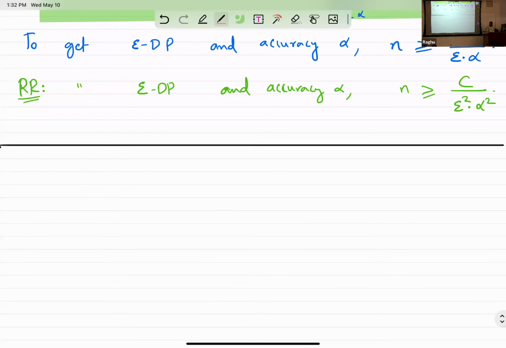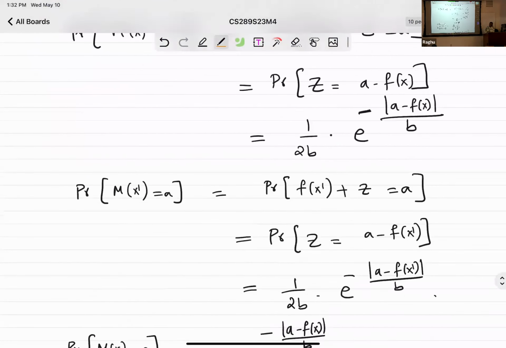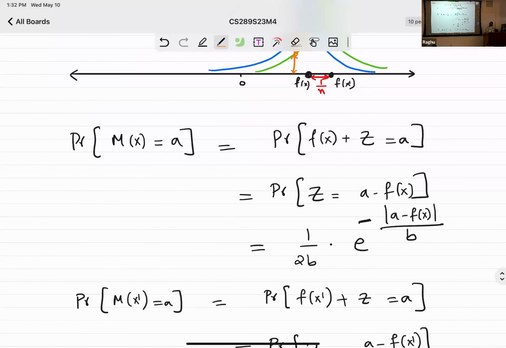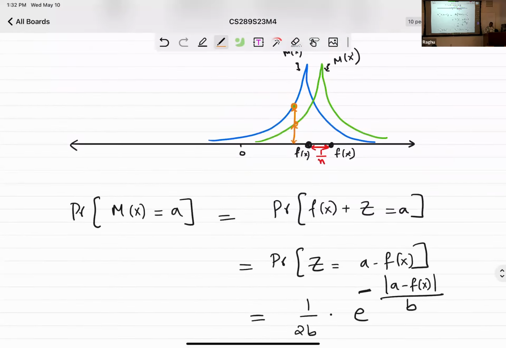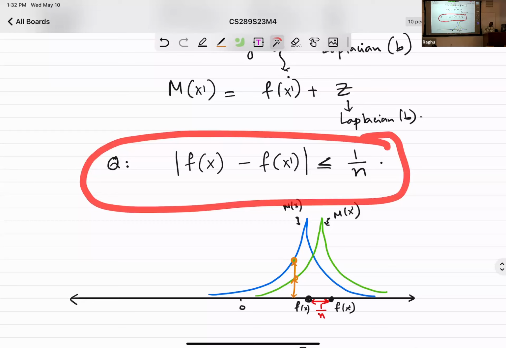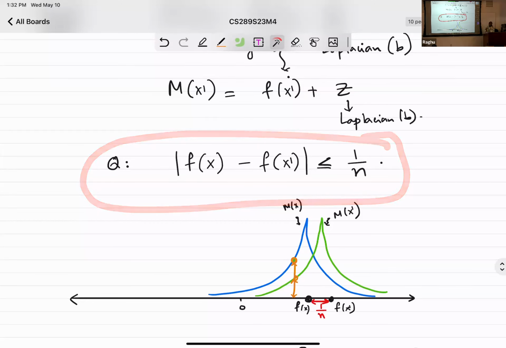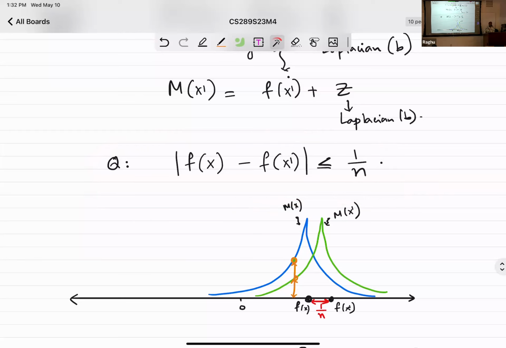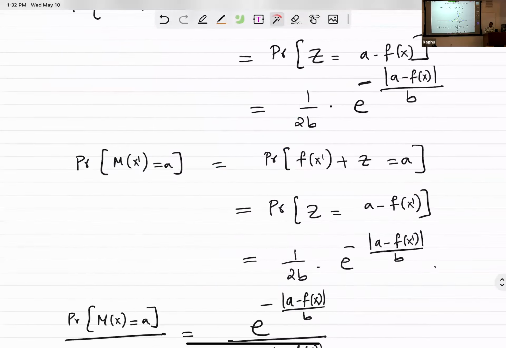Exactly. So the Laplacian mechanism is somewhat generic. If you think of this analysis, where did we use the fact that f was the mean? Only in this equation. This was the only part where f being the mean played a role: that when I change a single point, the answer doesn't change much. So that's one nice thing about sensitivity.